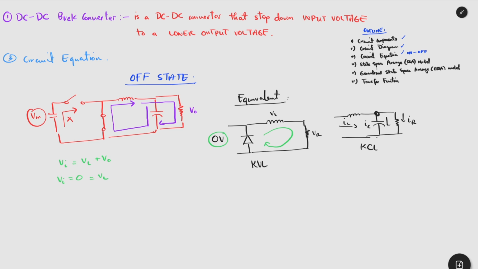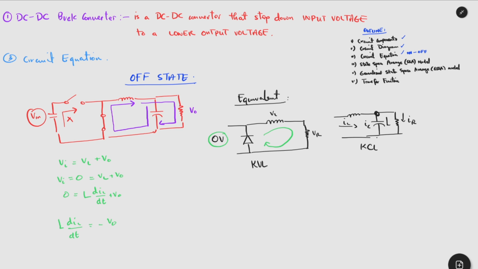So we only have VL plus the V0. So we can have 0 equals, for the VL, we now have L dIL on dt plus the V0. So we can make L dIL on dt the subject of the formula.